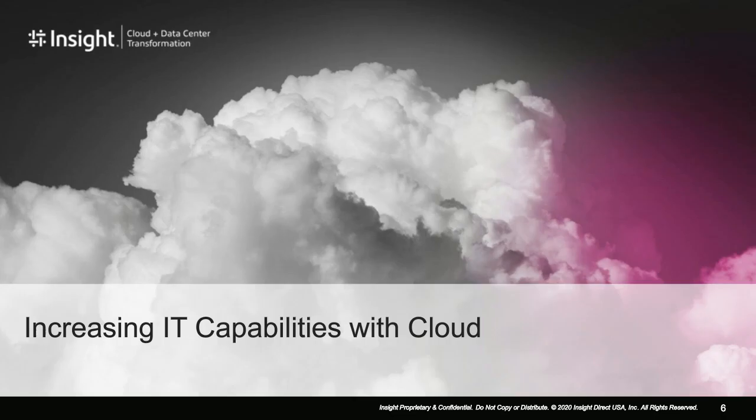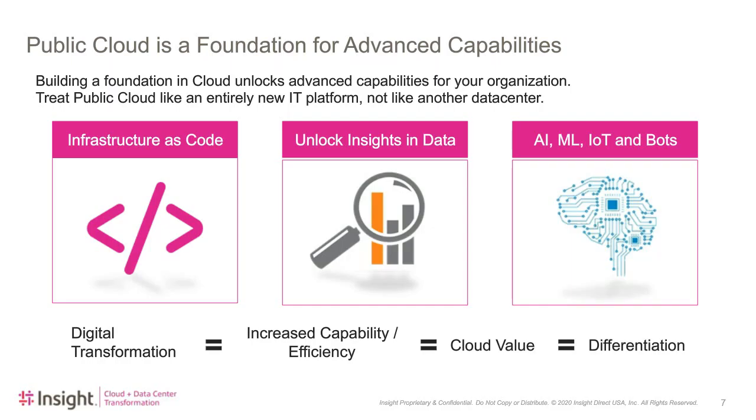So I'm going to move on here to increasing your capabilities with cloud. That's one of the ways that we have to provide additional value back to the organization. Really, public cloud is a foundation for other things. Just getting to public cloud may be your goal, but once you're there, there's so much more you can do with it.